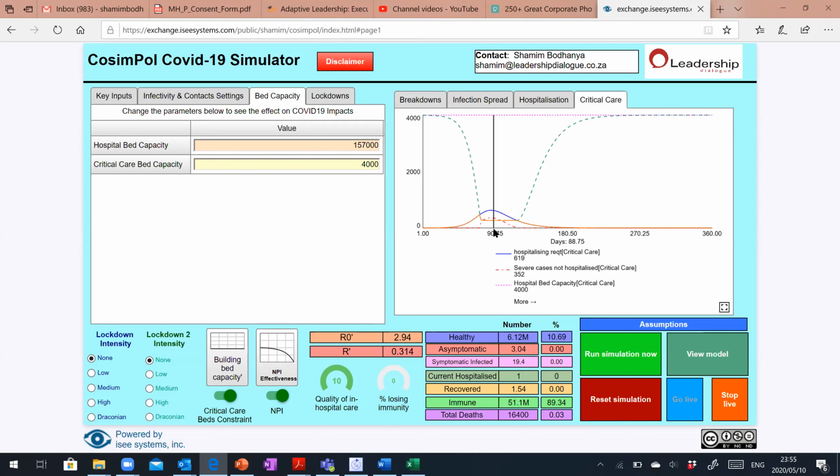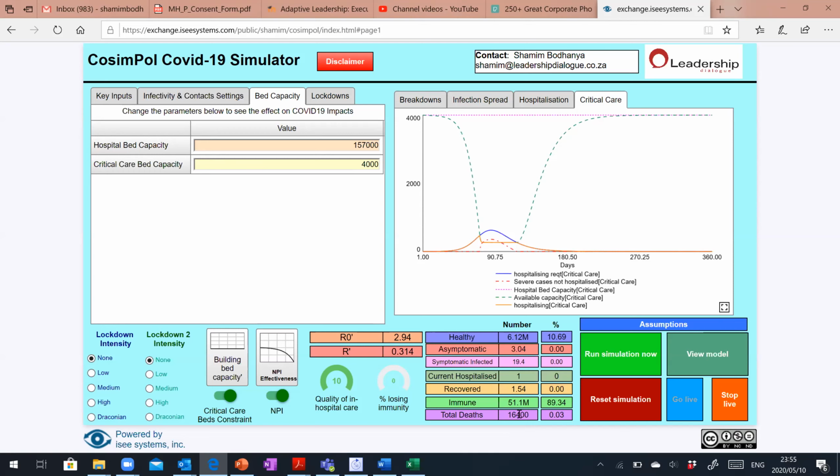And so just think of the scenario in Italy where people were dying because there were insufficient ventilators. We're modeling that now. Now we're looking at that type of scenario. So on day 88, we had 352 patients that required critical care. We just didn't have the capacity, and therefore those patients are going to die. And that's what's contributing to the current 16,400 deaths in the panel here below.